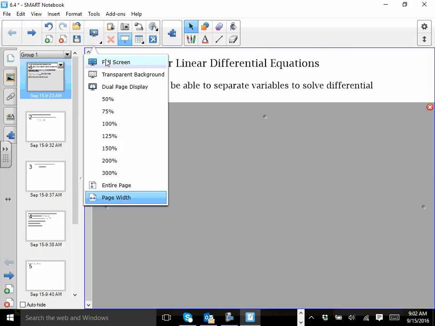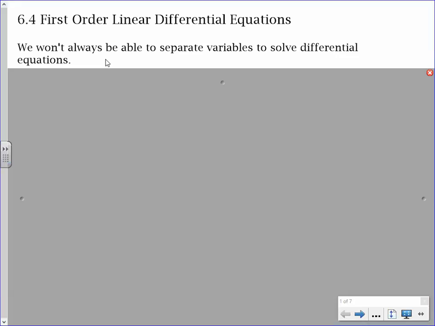Okay, so we are going to talk about first order linear differential equations. We talked about when we did Euler's method that there are some differential equations that we can't use separation of variables on.